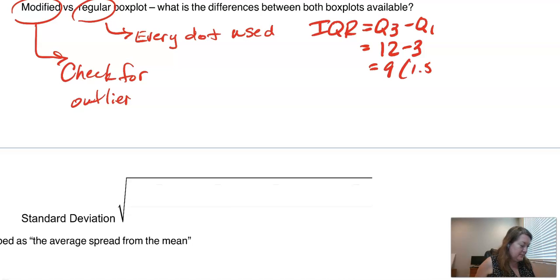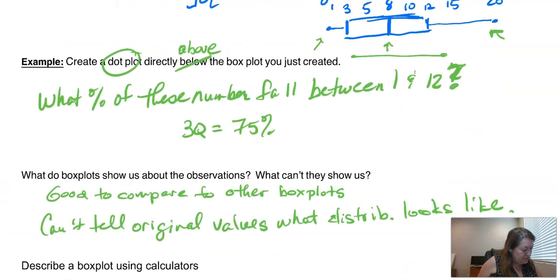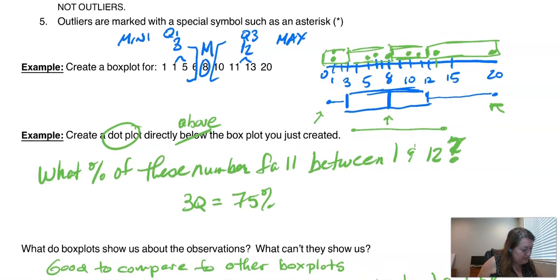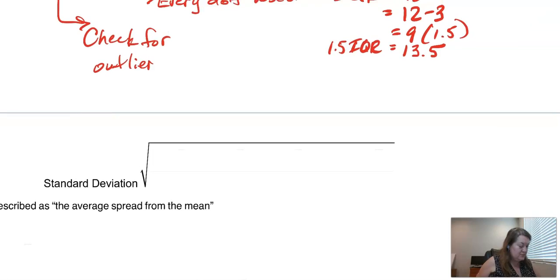When we multiply that by 1.5, I'm going to get 9 plus another 4.5, that's 13.5. Let me double check. Q3 was a 12, Q1 was a 3, that's 9. Yeah, I'm okay. So that's 13.5.